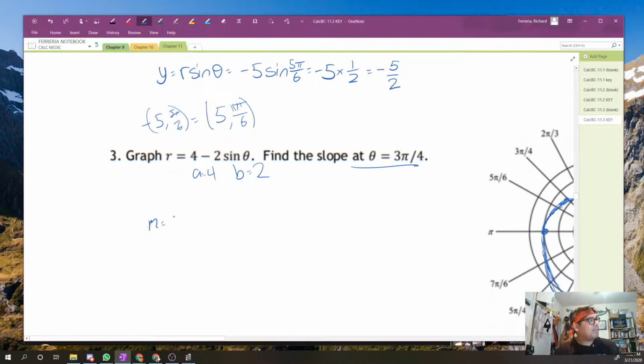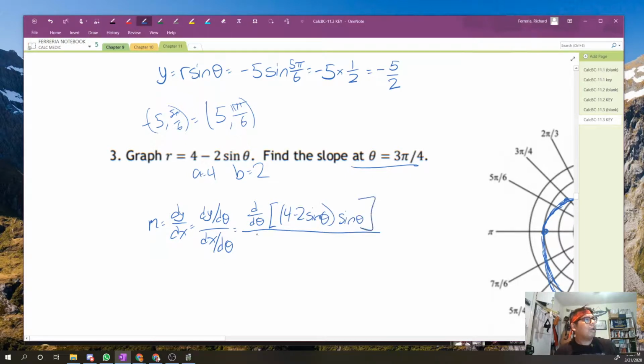m is going to be equal to dy/dx, which is equal to dy/d theta over dx/d theta, which is equal to d/d theta of 4 minus 2 sine theta multiplied by sine theta on top of d/d theta of 4 minus 2 sine theta multiplied by cosine theta.